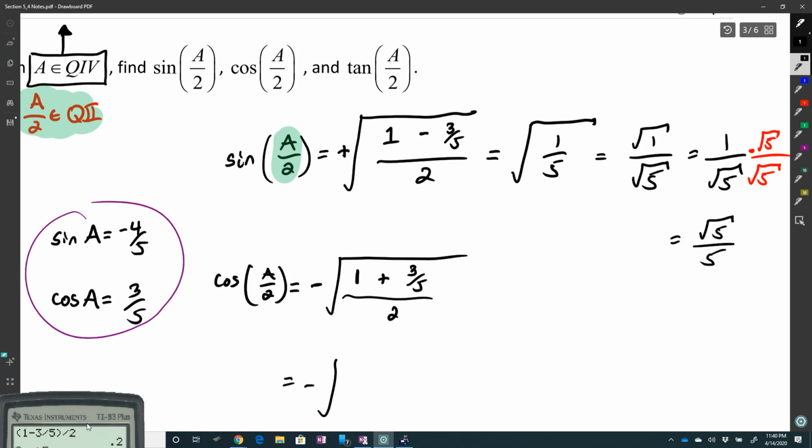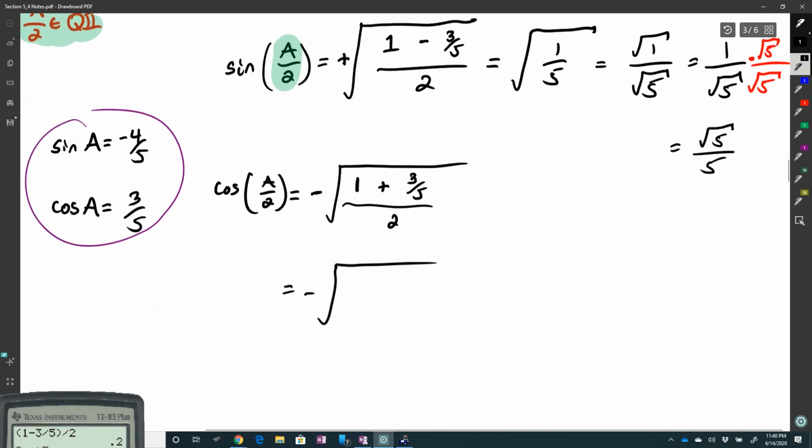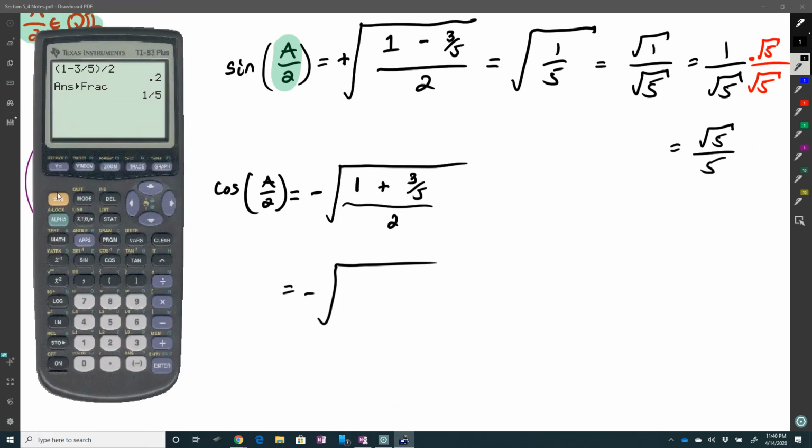And then again, you can just type it in your calculator because it's very similar. You can actually just press second, enter twice, and change the minus sign to a plus sign. And then notice that's going to be 4/5.